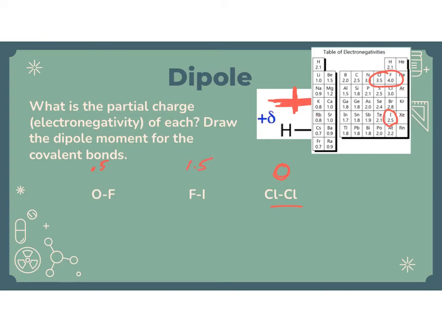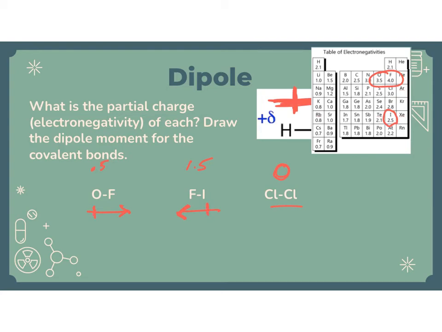So the dipole moment would be greater. Now, which direction will it point? It's going to point toward the more electronegative one. So for fluorine it's going to point this way. Fluorine is the most electronegative, and the other one will point this way, like that. And then we could put a little plus sign indicating that on there.